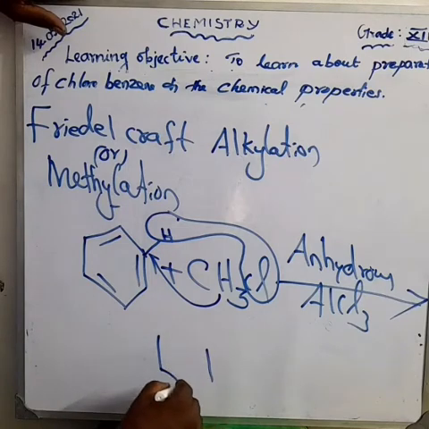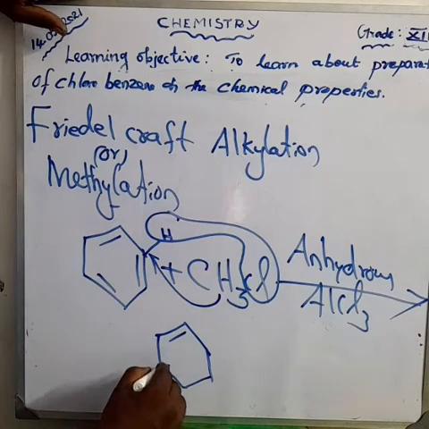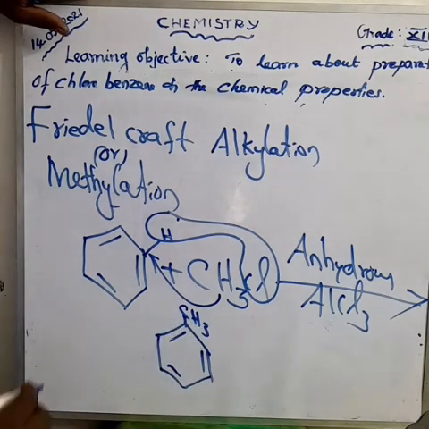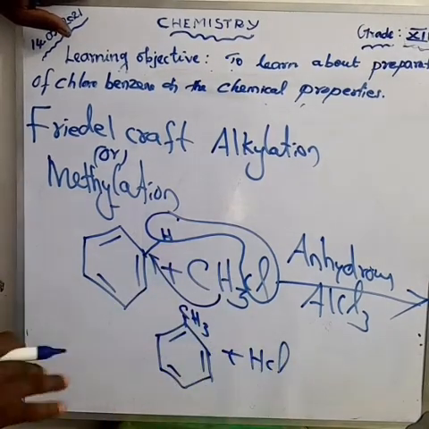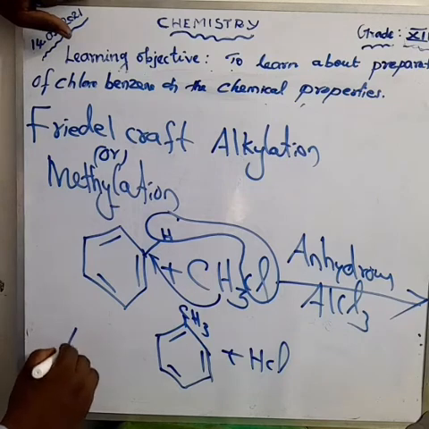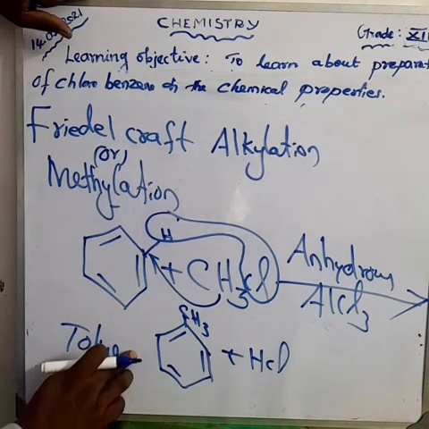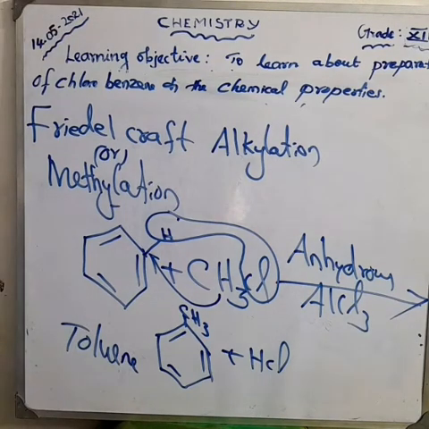The benzene ring with a methyl group, and also HCl. This compound is called toluene. It's a very important question. Plus HCl.